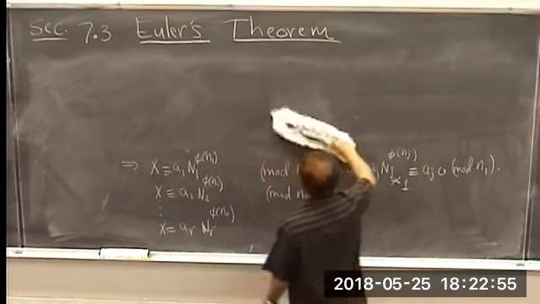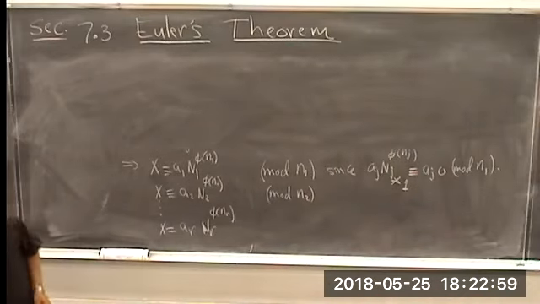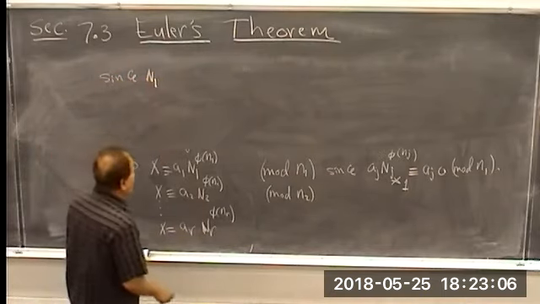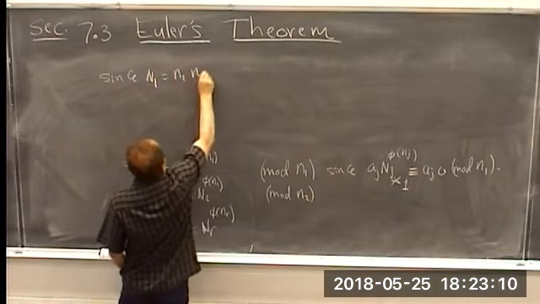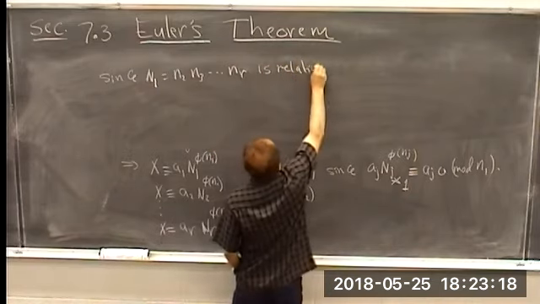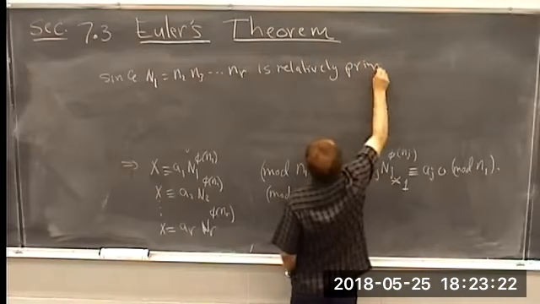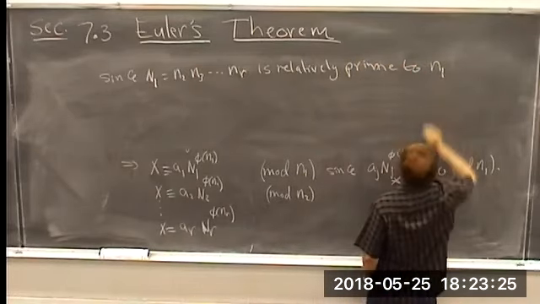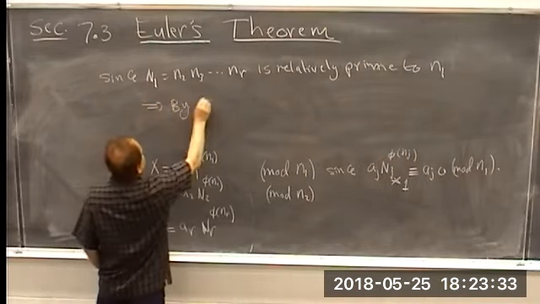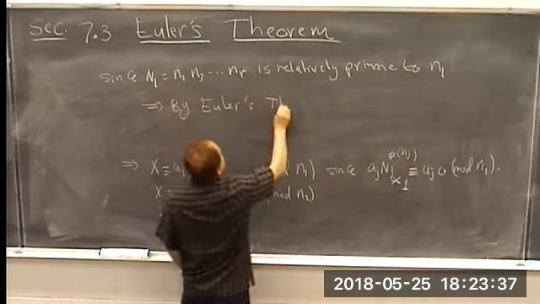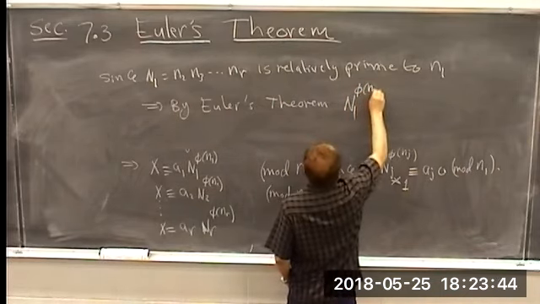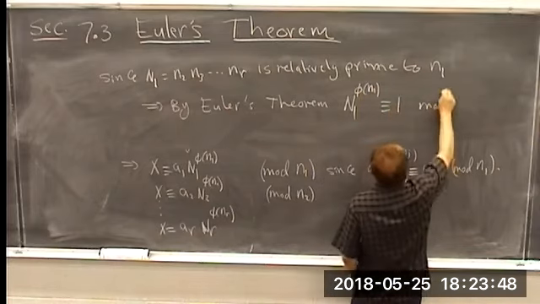Since n1 tilde, which is equal to n2, n3, up to nr, is relatively prime to little n sub 1, meaning the greatest common divisor is equal to 1, this implies by Euler's theorem that the n1 tilde to the phi of n1 is congruent to 1 mod n1.